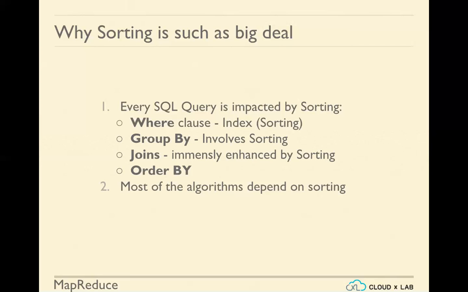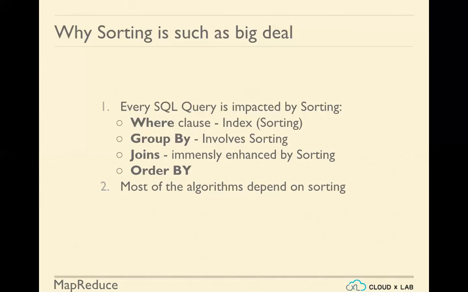Graph algorithms, PageRank algorithms, and all complex machine learning algorithms are one way or another impacted by sorting algorithms. So sorting is a very basic algorithm and is actually the heart of computer science. That's why we are talking about sorting.